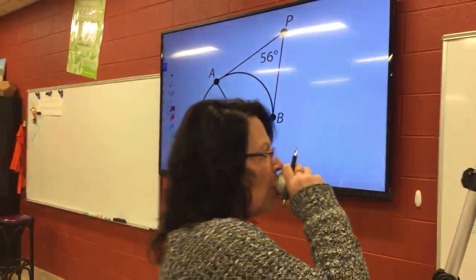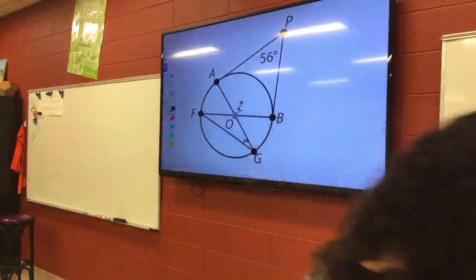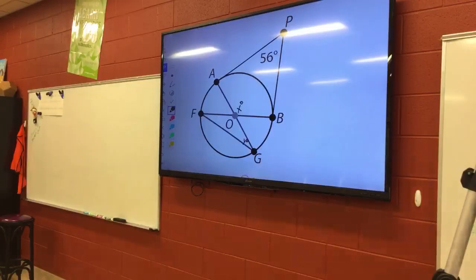So I found the angle AOB, and that was 124 because it was supplementary to P. This is the central angle, and 56 is the circumscribed angle, and they're supplementary, right? That part was easy. Then what did you do?